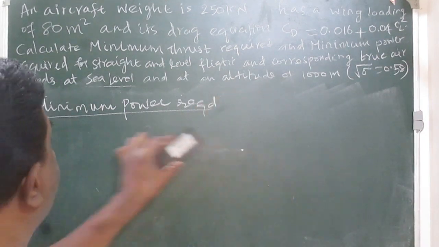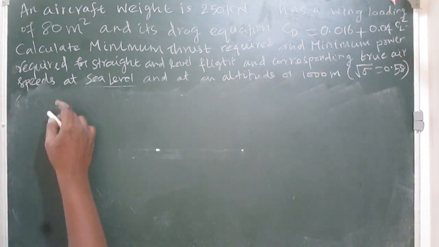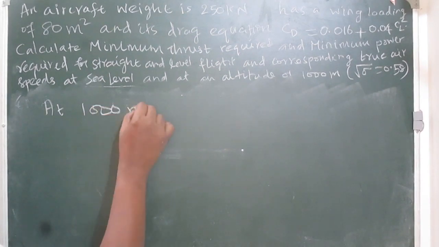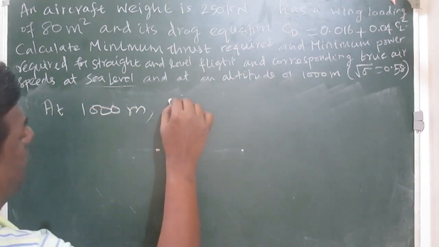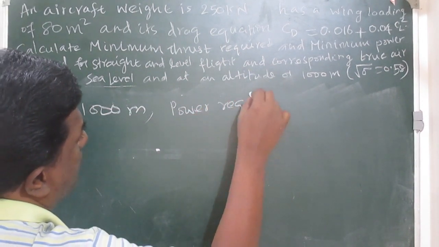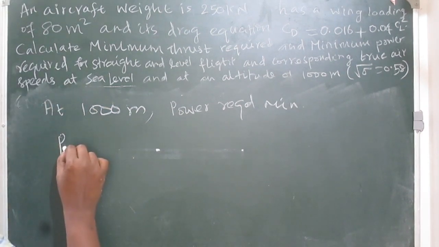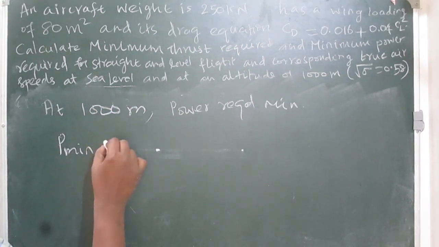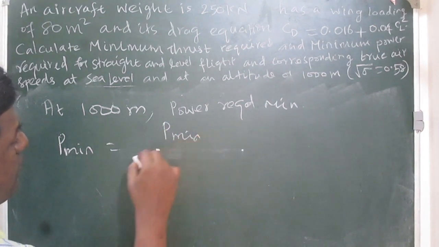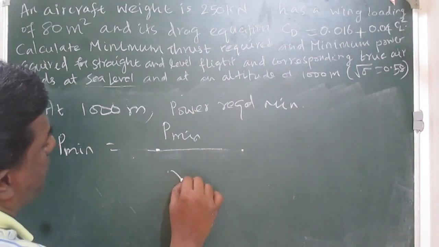At 1000 meter, what is the power required minimum? It is nothing but the power required minimum at sea level divided by root sigma.